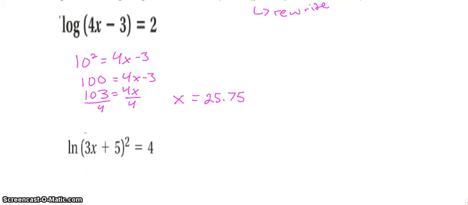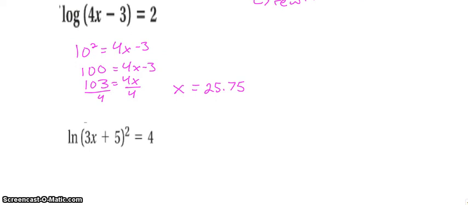If I have a single log, I might also have like a squared. In this case, remember my base is e. So when I rewrite this guy, I've got e to the 4th equals 3x plus 5 squared. Please do not FOIL this out. Solve by square roots. You have something equals something squared.